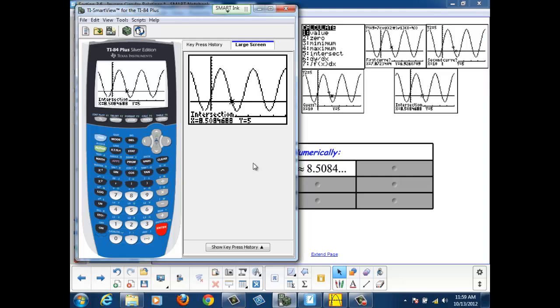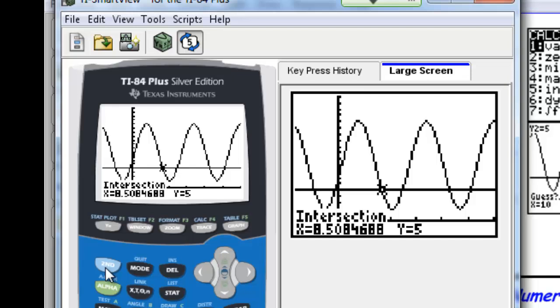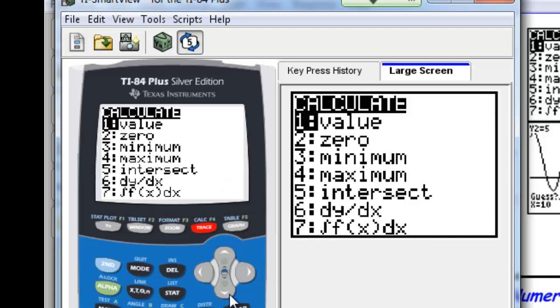Now I'm going to find the next positive solution or intersection. So I'll go back to my calc menu and find the intersection.